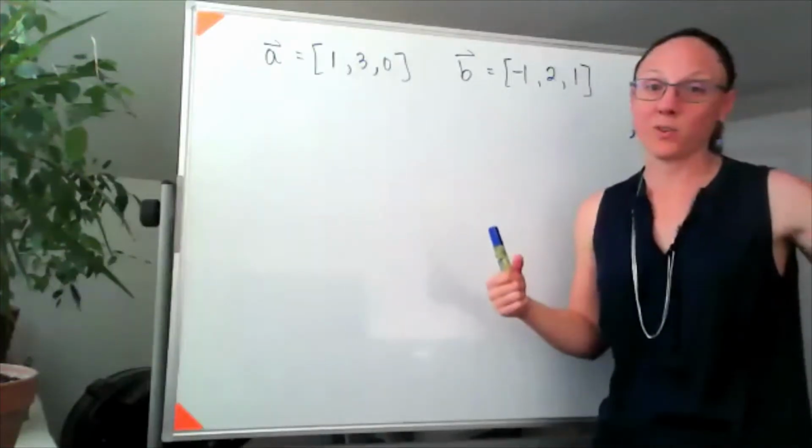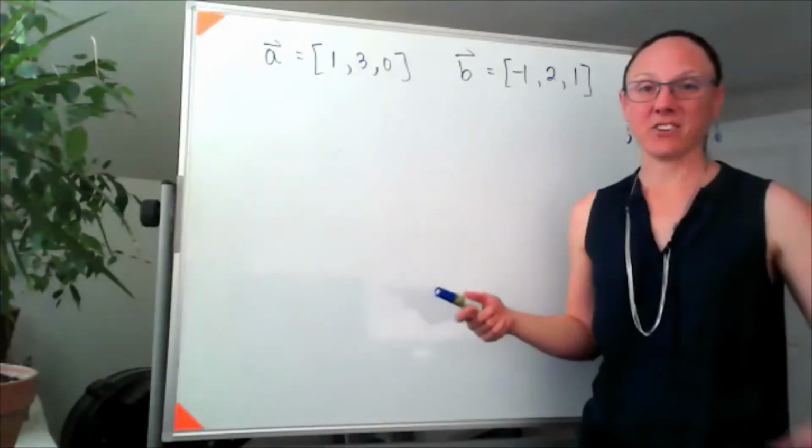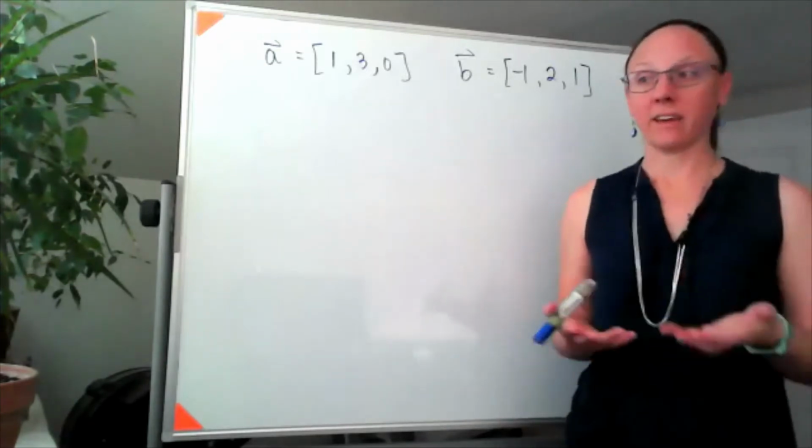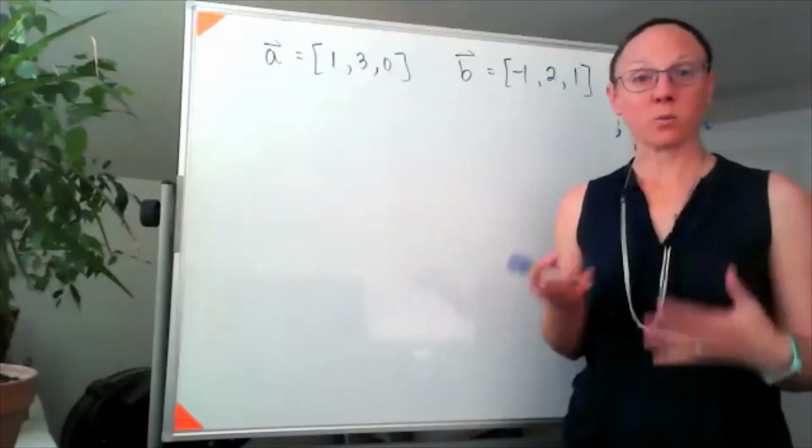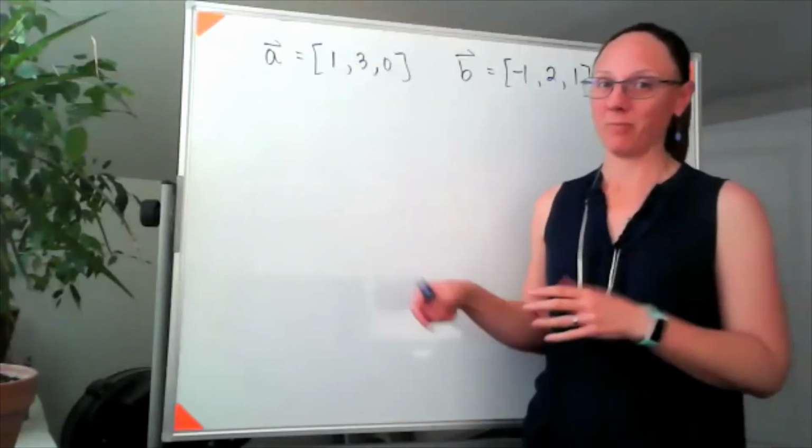Without drawing those two vectors, I can still answer things like what's the length or the magnitude of the vectors, and what's the result if I do a plus b.